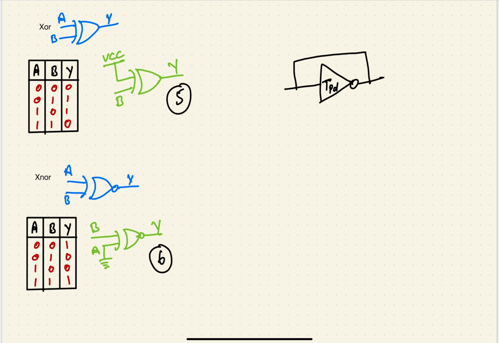We take an example: an inverter with 2 nanosecond delay and one feedback connected.